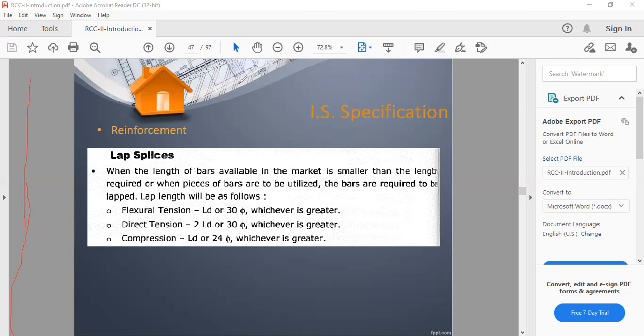Now what should be the length of this overlap? That is called a lap splice, this total length.